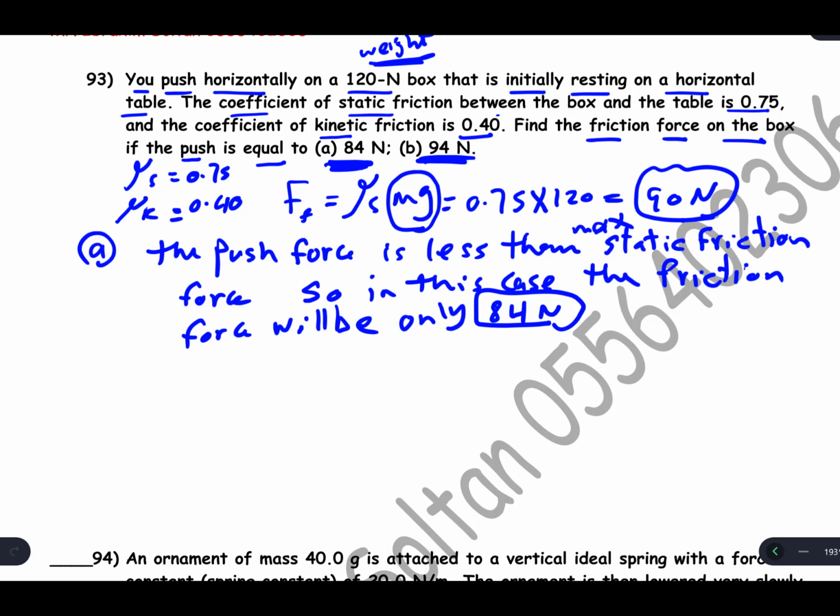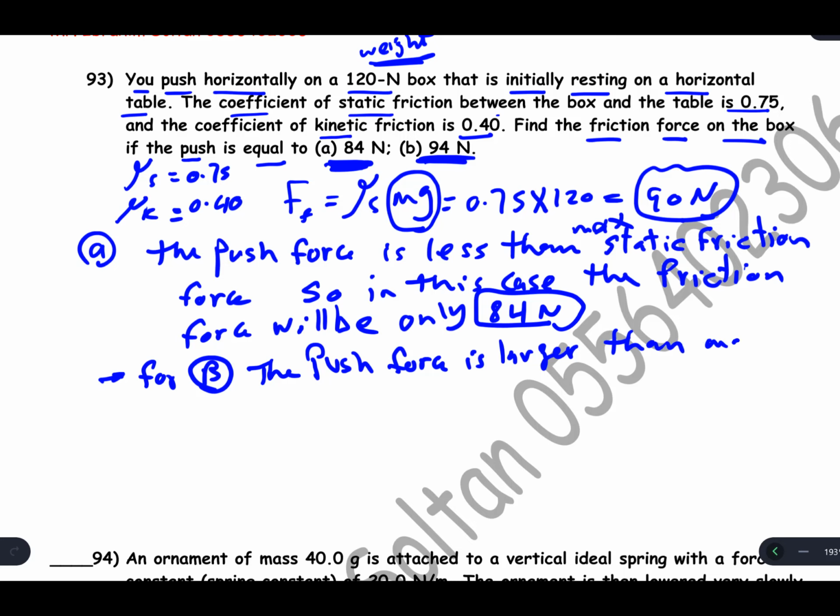For letter B, as you see, the push force is larger than the max static force. So the object is moving.